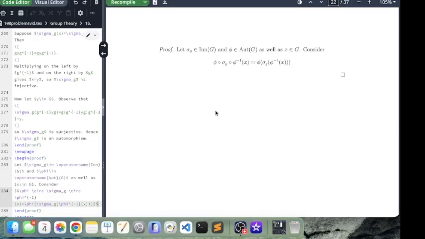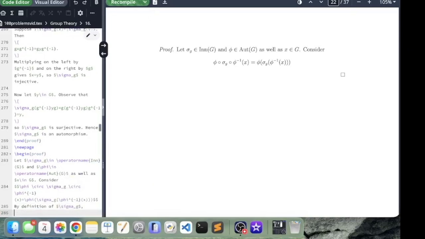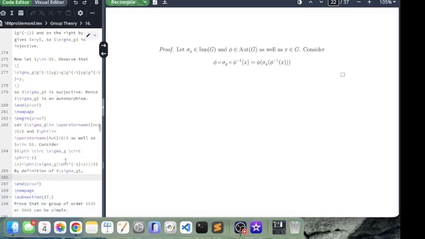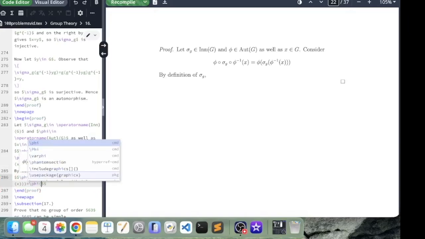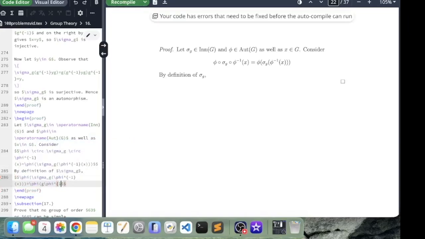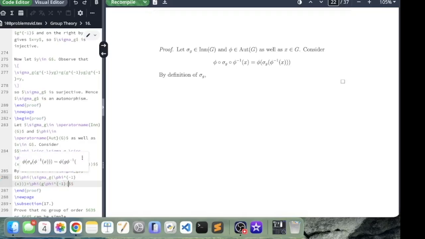Okay. And we're going to use the property of sigma sub g, which in this problem just conjugates by g, to get, by definition of sigma sub g, that this guy is equal to, phi is still on the outside, but we get g times phi inverse of x times g inverse.